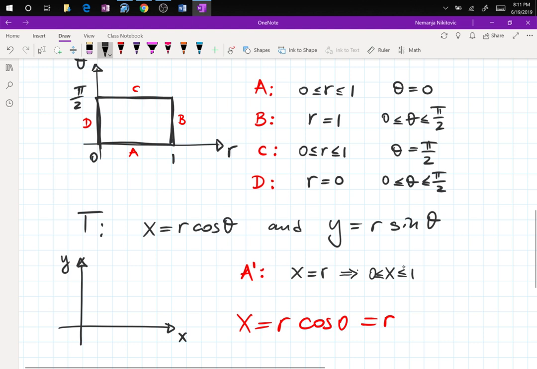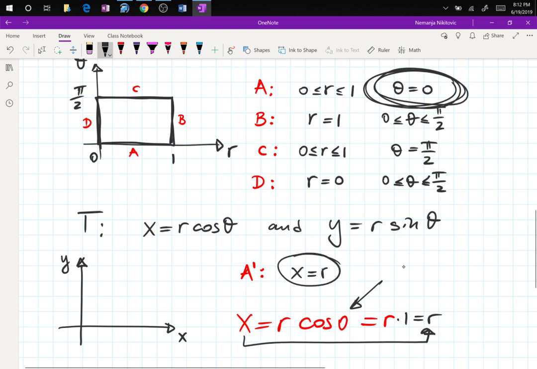Let me go through this one more time just in case. Because theta is always 0, there is no recipe for this. You have to think. Because theta is always 0, cosine of 0 will always be 1, so it's r times 1 equals r. So we are getting that x is equal to r.